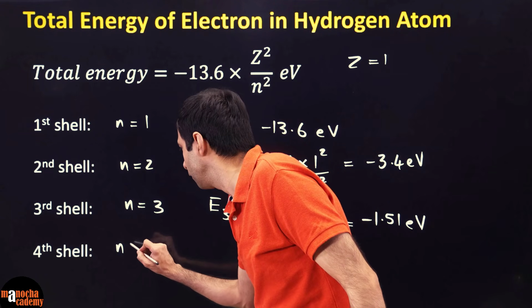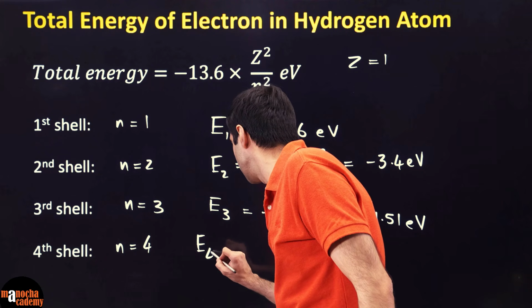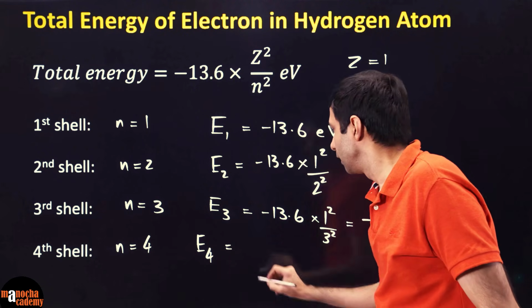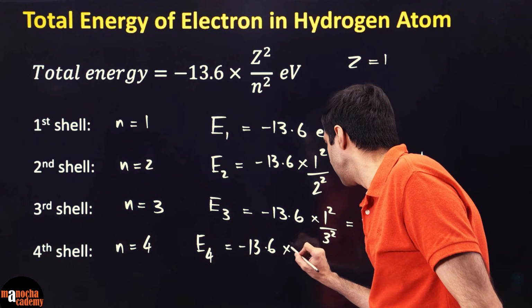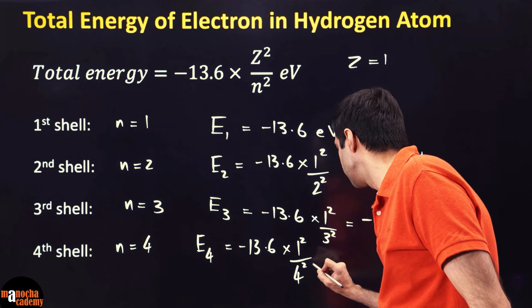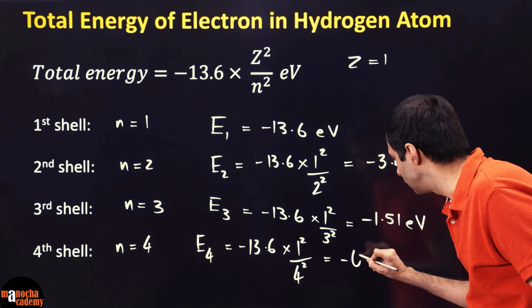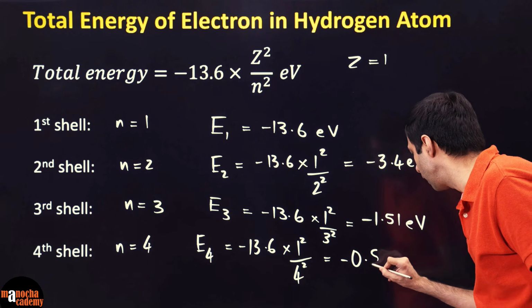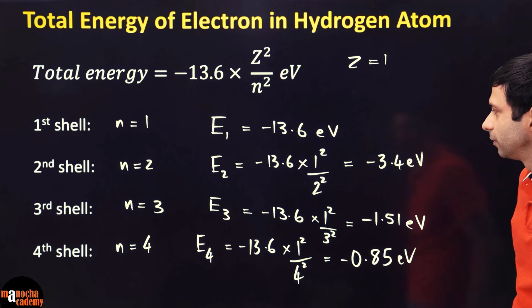In the fourth shell, we have N equal to 4. So simply we'll get E4, the energy in the fourth shell, is going to be minus 13.6 times 1 square divided by 4 square. So if you calculate this, you're going to get minus 0.85 electron volts.